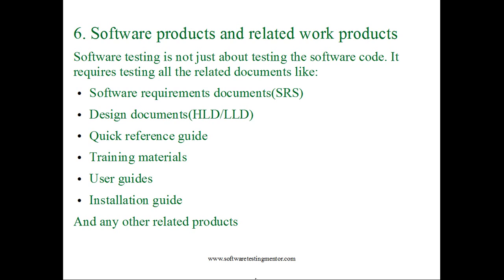So software testing ensures all the related documents like software requirements specification document, SRS, design documents like HLD and LLD, high level design and low level design, quick reference guide, training material, user guide, installation guide, or any other related products are of good quality and solve the end user purpose.